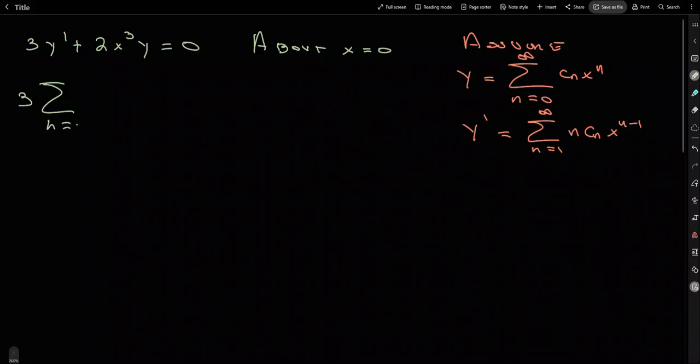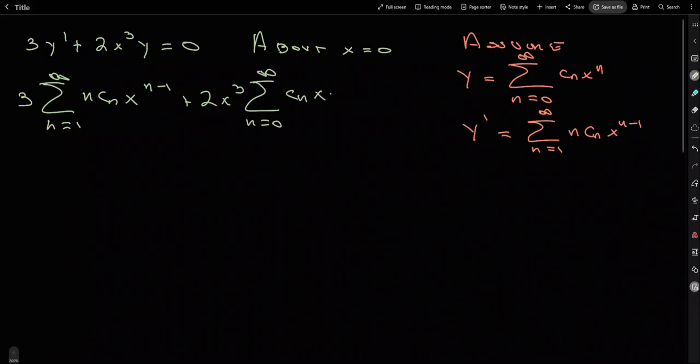That'll be sigma n equals 1 to infinity of n c sub n x to the n minus 1, plus 2x cubed sigma n equals 0 to infinity of c sub n x to the n, let that be equal to 0. So let's introduce the 3 and the 2x cubed into the corresponding series.